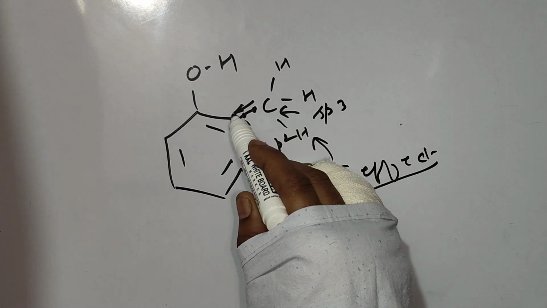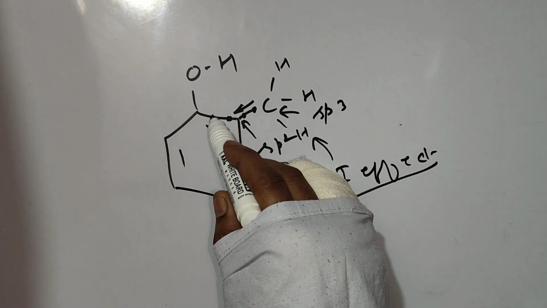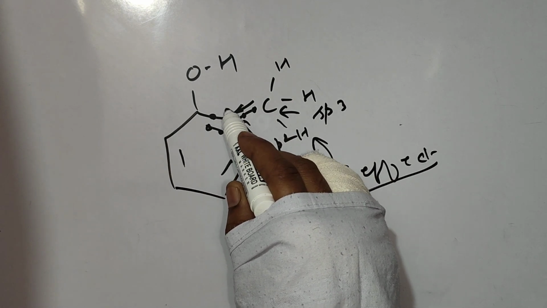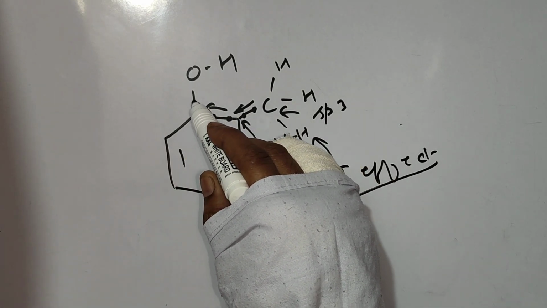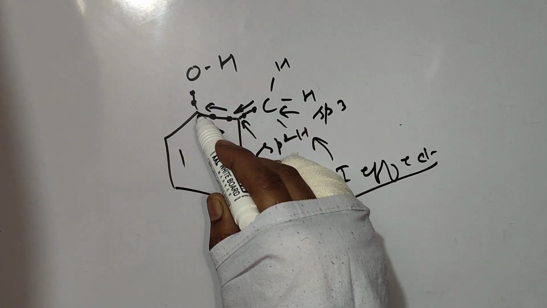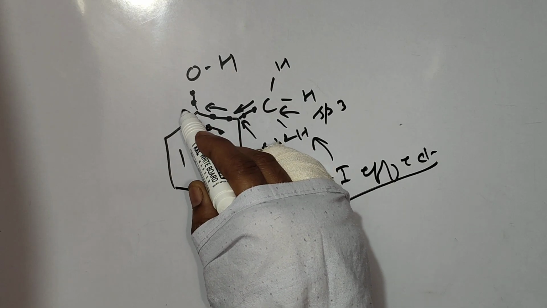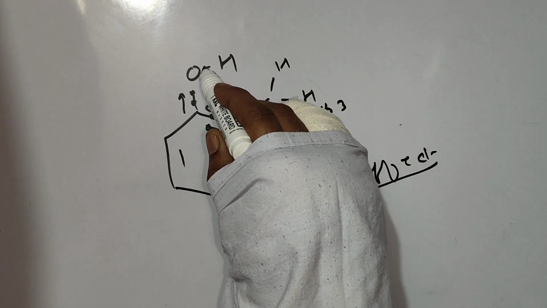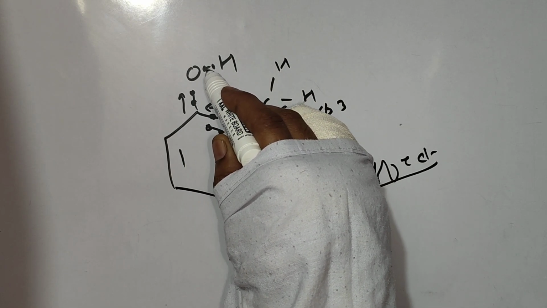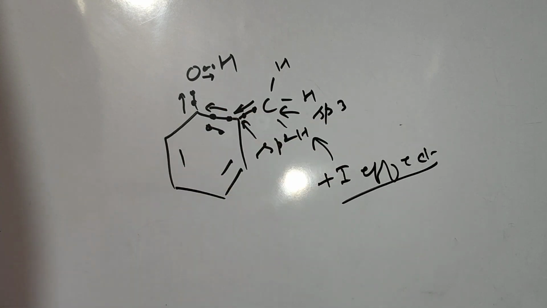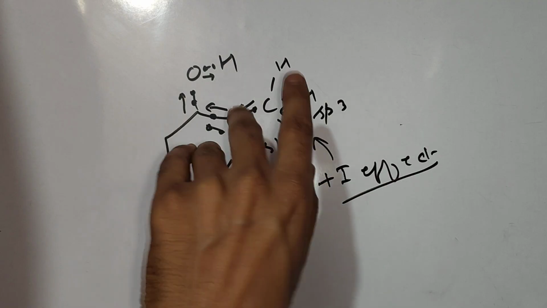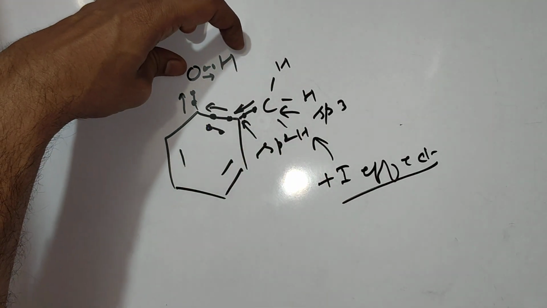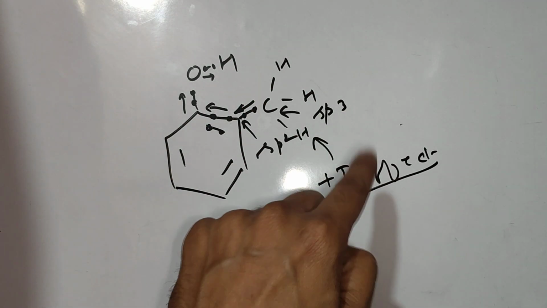And obviously, if these electrons come to that side, these electrons will be pushed to this side because they are feeling repulsion. And the electrons present between carbon and oxygen will feel repulsion and be pushed further. And these electrons will also feel repulsion and be pushed further like this. This means the CH3 group is donating electrons to the phenol and providing electrons up to the OH group, plus I effect.